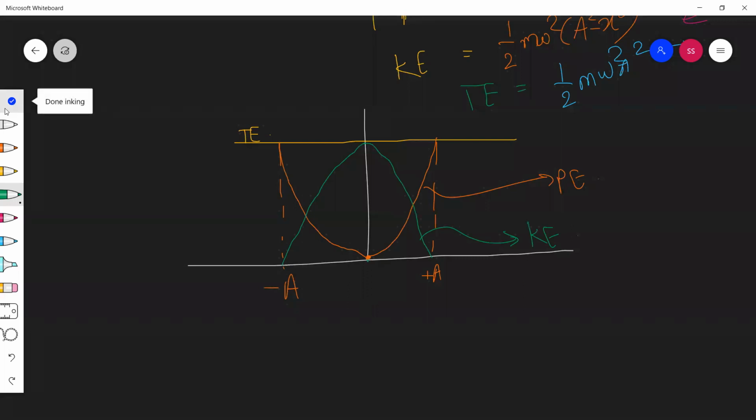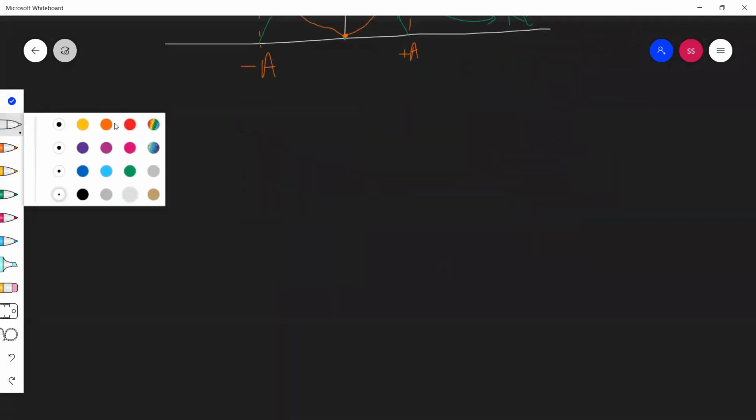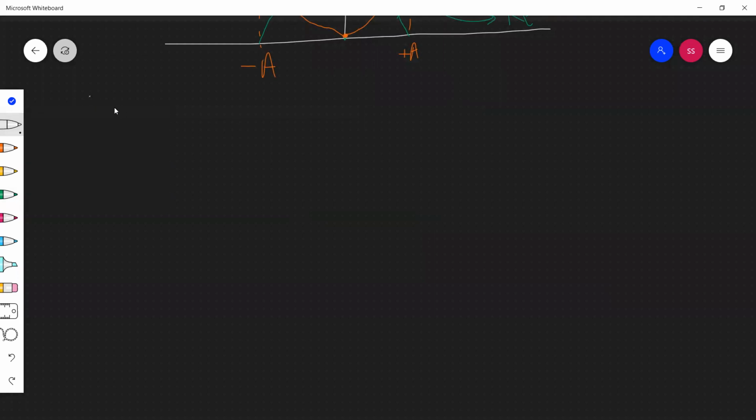Next point is that we go for time equations of SHM. Time equation of SHM is something like, let us say x is equal to a sine of omega t plus or minus phi.